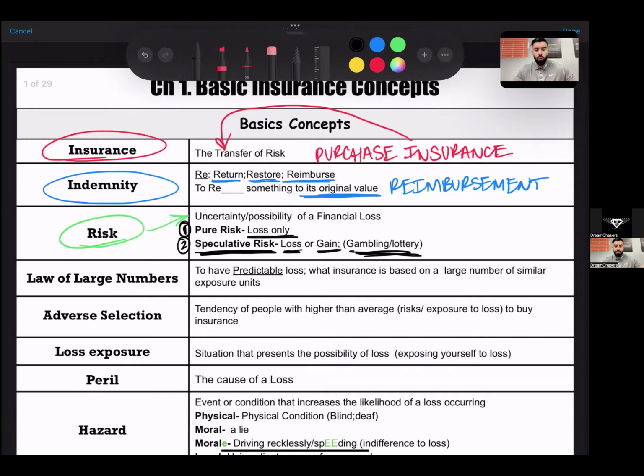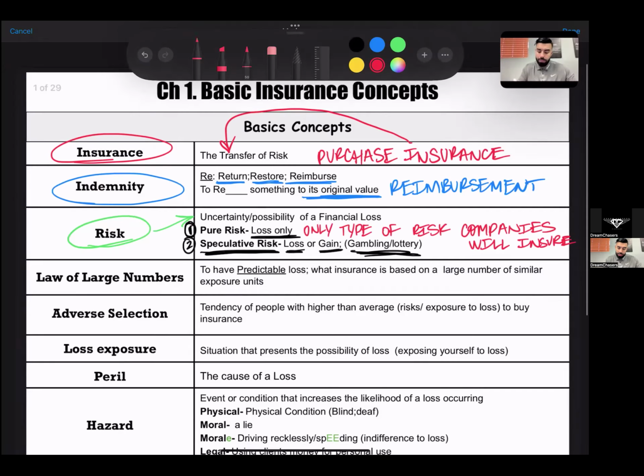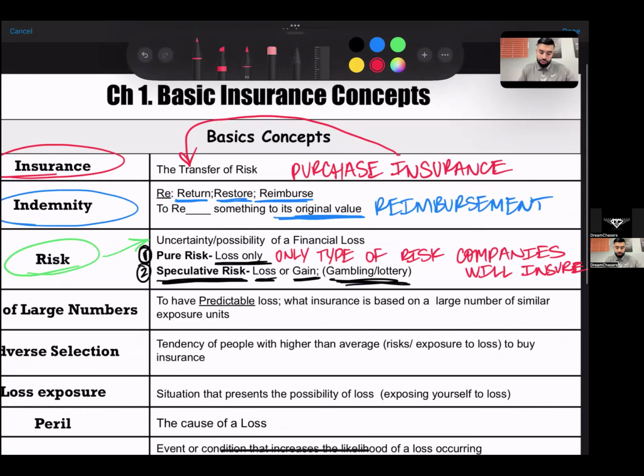Now, one thing to remember about these two different types of risk is that pure risk is the only type of risk companies will insure. Companies will not insure speculative risk. Companies will only insure pure risk.